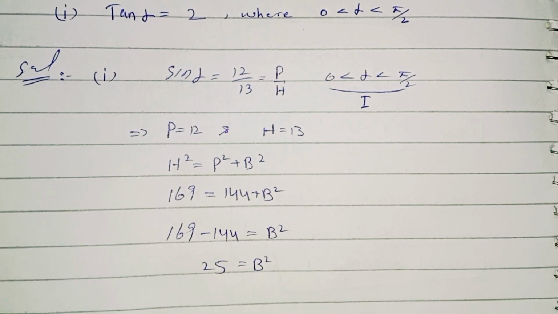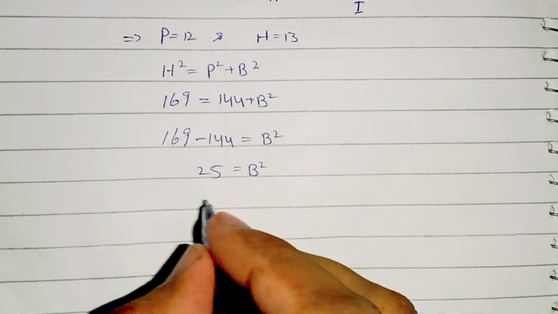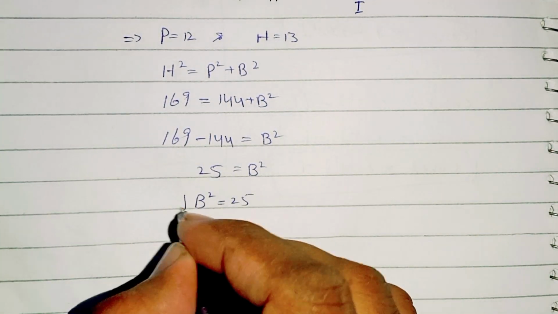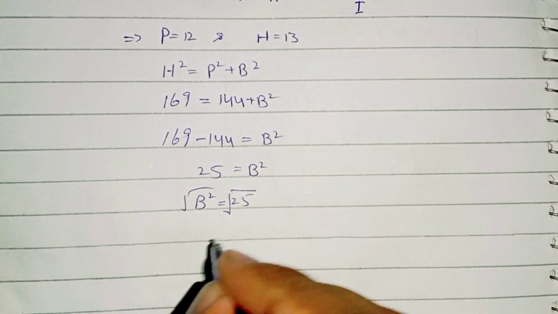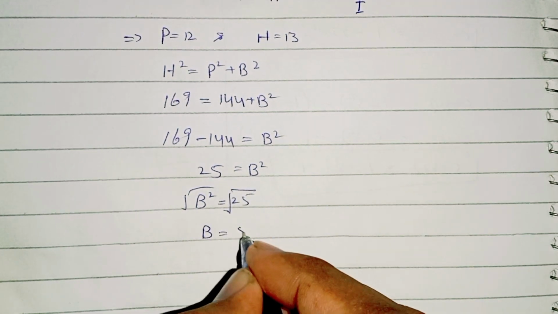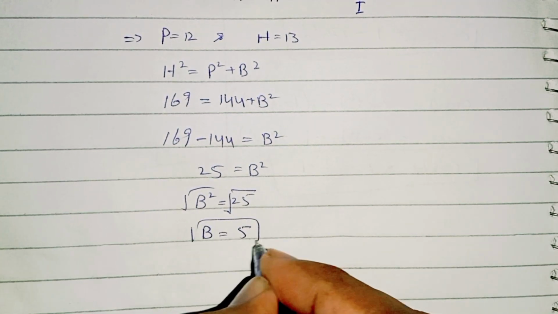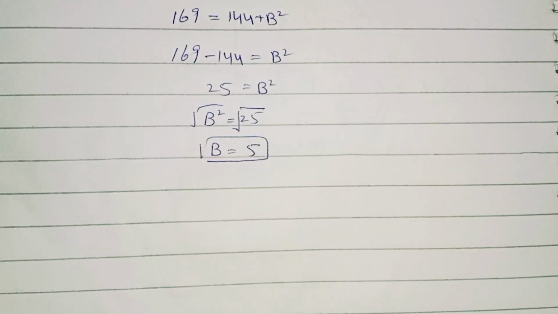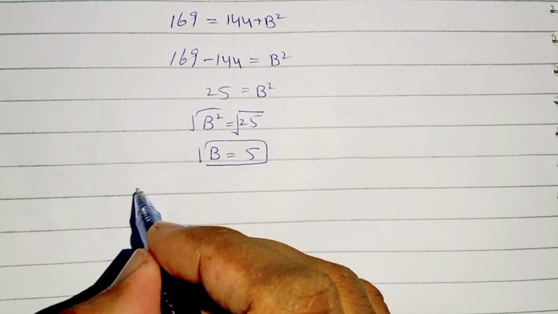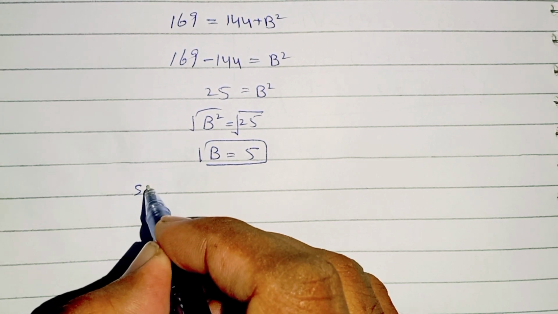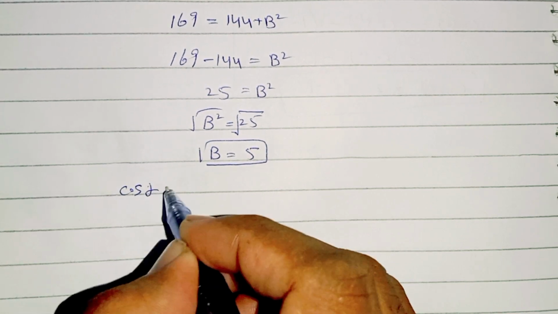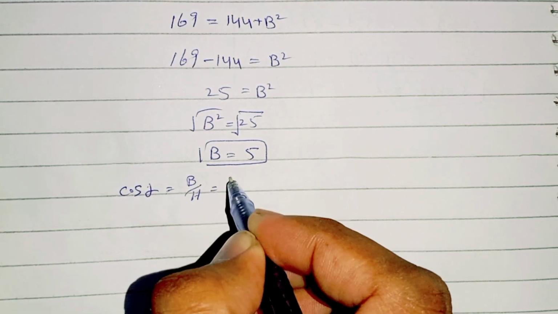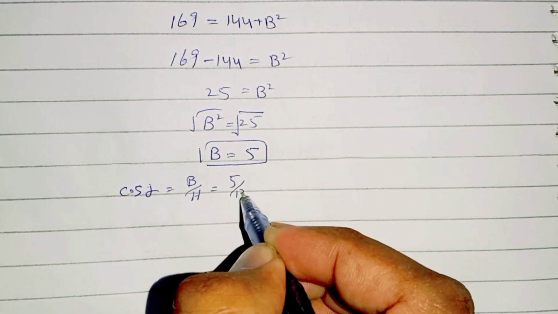Taking square root on both sides, B is equal to 5. Now we find cos alpha, which is equal to base over hypotenuse, which is equal to 5 over 13.